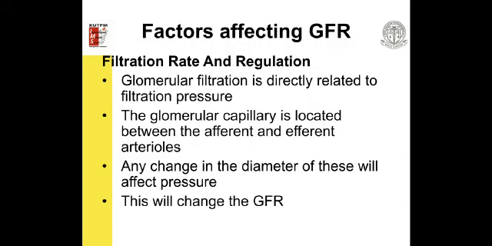So what are the factors affecting GFR? Glomerular filtration rate is directly related to the filtration pressure. The glomerular capillary is located between the afferent and efferent arterioles. Any change in the diameter of these will affect the pressure, and this will change the GFR.